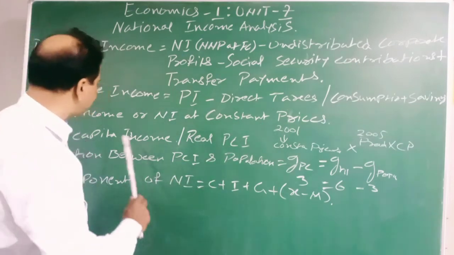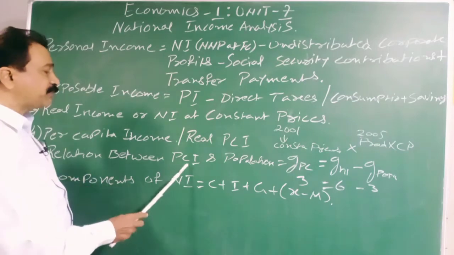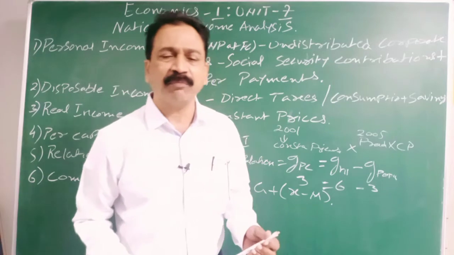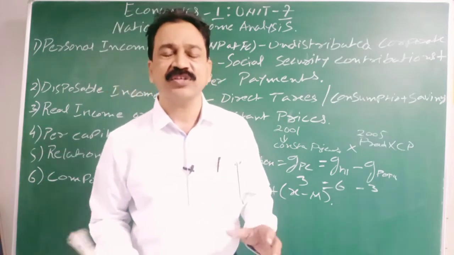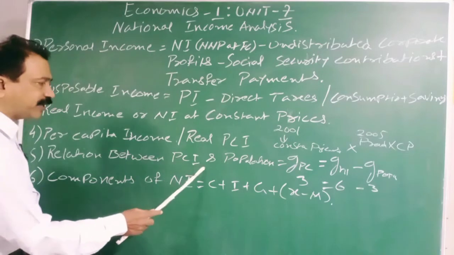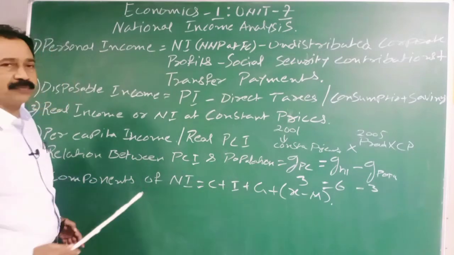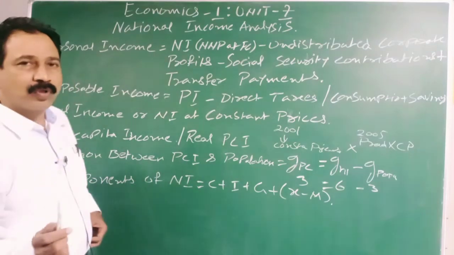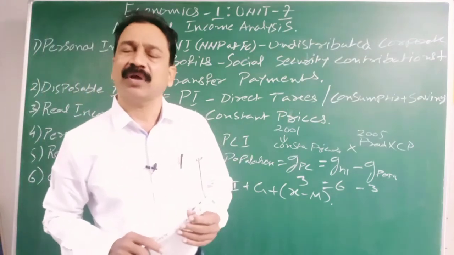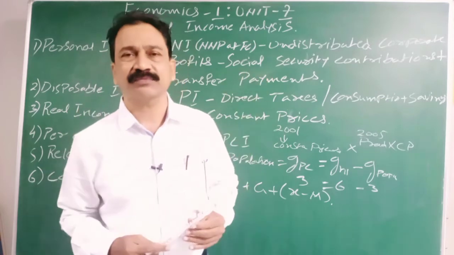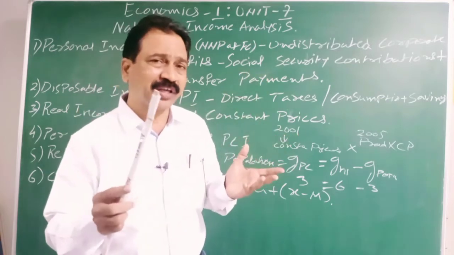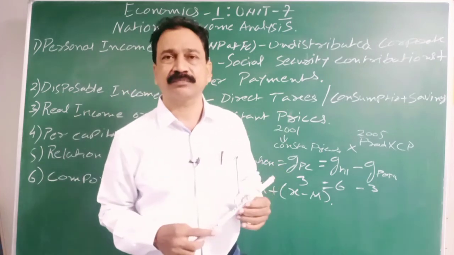Okay, now we will see the fifth one, the relation between per capita income and population. This is a very important one. Plenty of times, particularly in India, national income increased a lot, but per capita income is not increasing like national income.